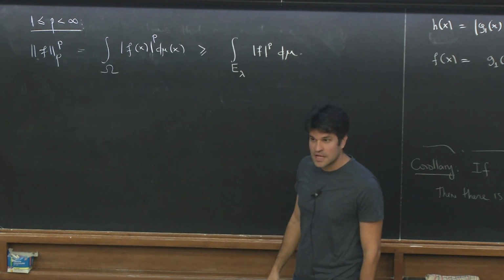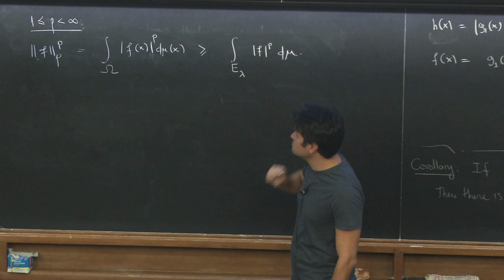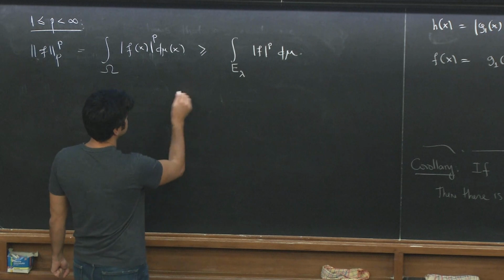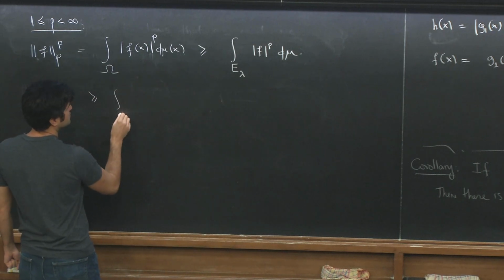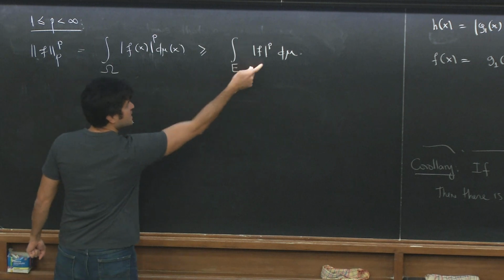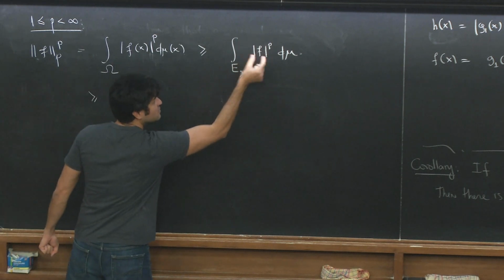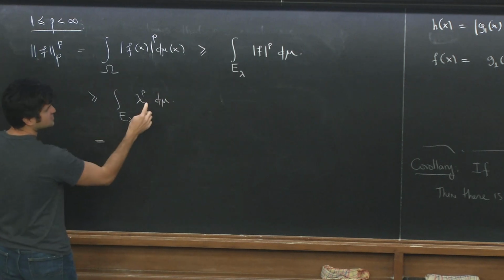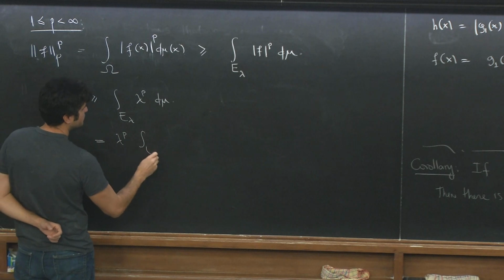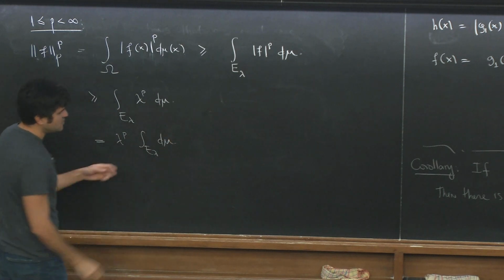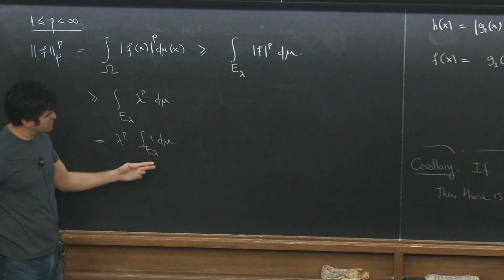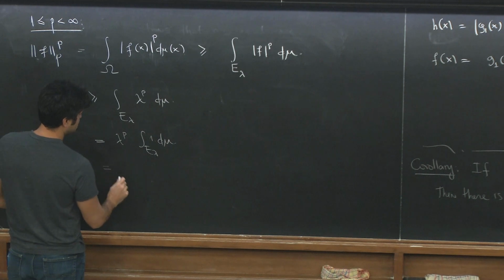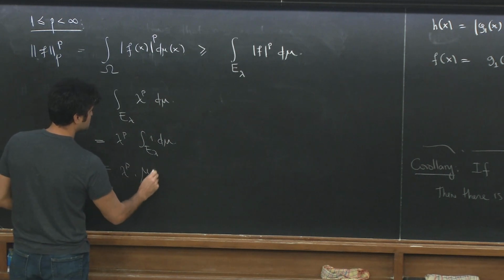On the set E lambda, my function is bigger than lambda. So this is bigger or equal than the integral over E lambda of lambda to the p d mu. Now, this is just a constant, it comes out of the integral. And the integral of the function 1 over the set E lambda is just the measure of the set. So you have lambda to the p times the measure of the set E lambda.